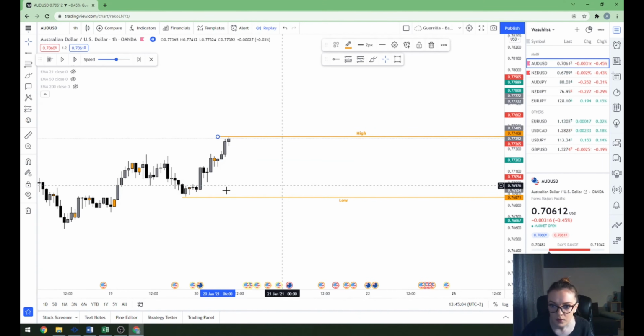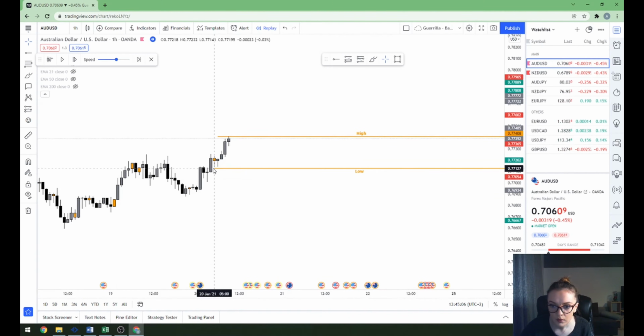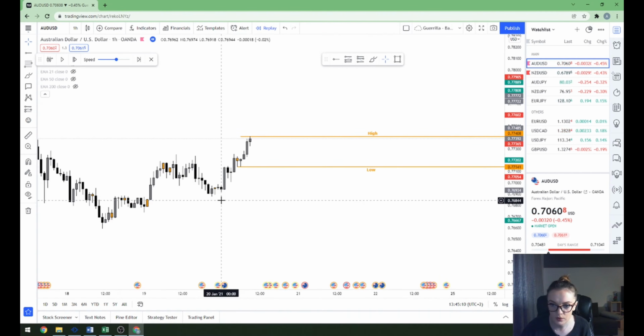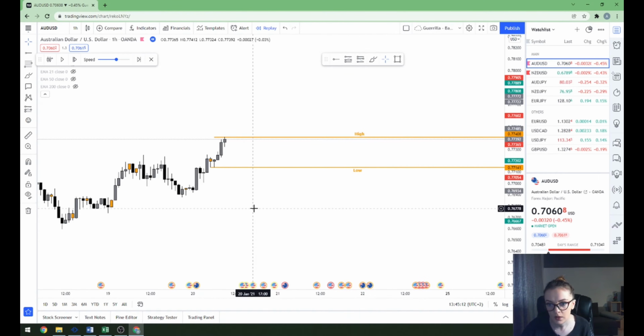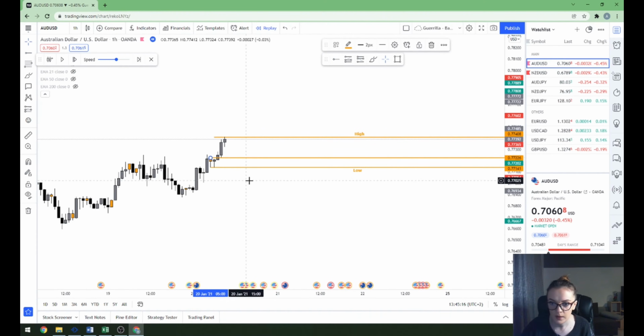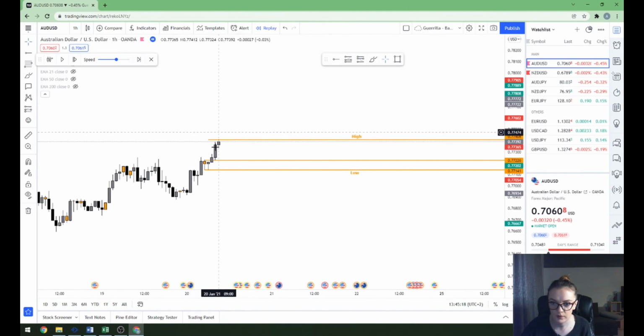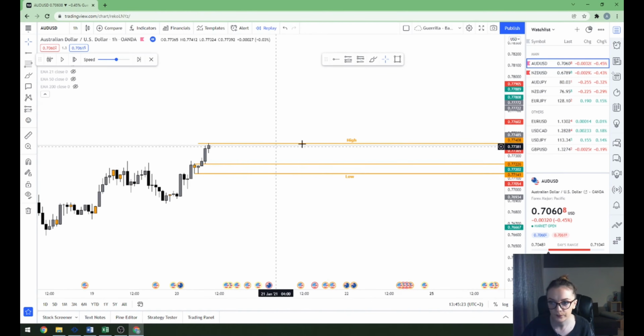Okay, so here I think we've got a quite nice impulse to the upside. So now I might be interested in placing a buy pending here at the previous high, more exactly at this inside bar. So I will already put my pending here.